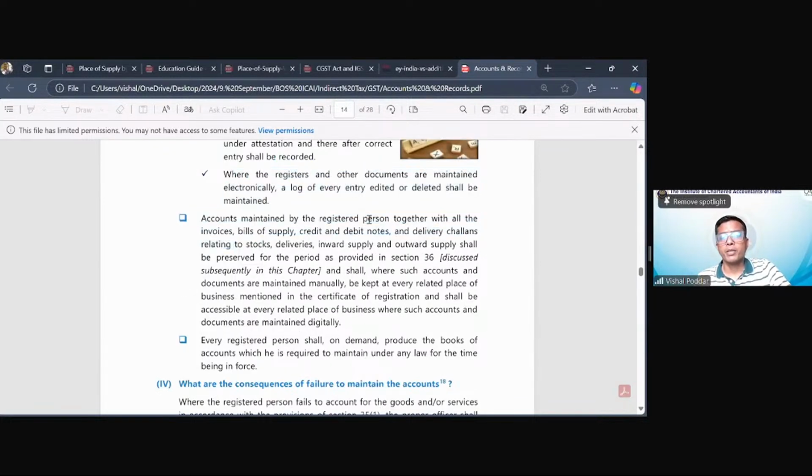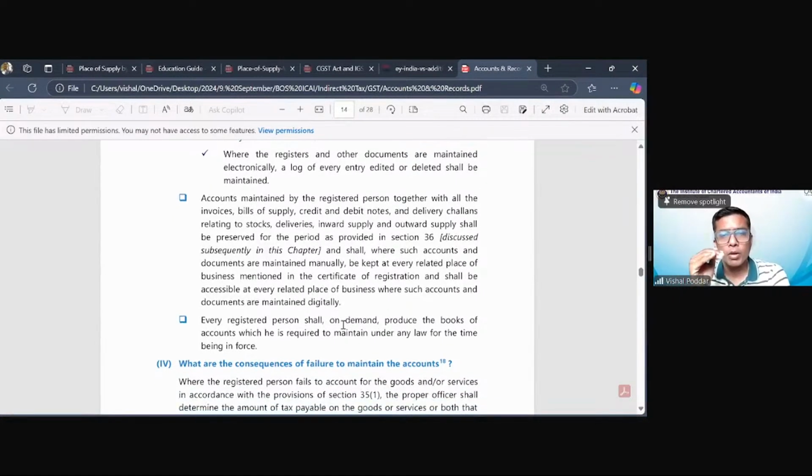Now, accounts maintained by the registered person, together with all the invoices, bills of supply, credit and debit notes, delivery challans relating to stock, deliveries inward and outward, shall be preserved. Now, this is important. What is the time limit for preserving it? This is mentioned in section 36, where such account documents must be kept at every place of business mentioned in the certificate of registration, and shall be accessible at every such place where such accounts and documents are maintained digitally.